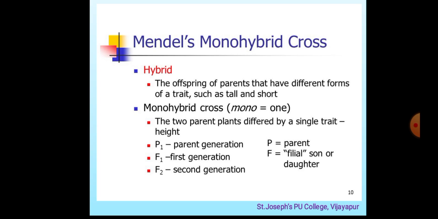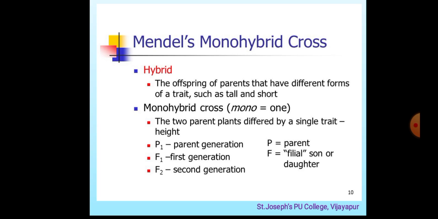Mendel represented the tall character by homozygous capital T, means both are capitals, and a dwarf character by small t factors.